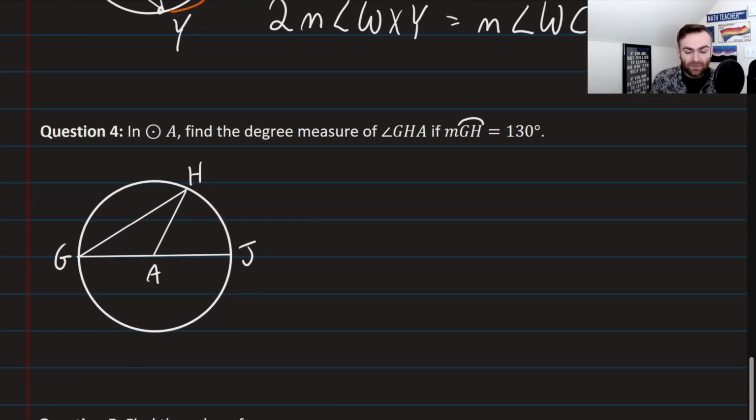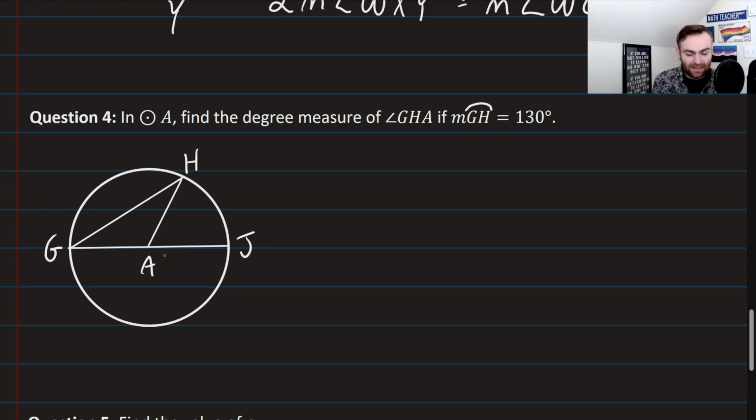So the most common way I see this is a problem that kind of looks like this. They give you a diameter here, and then a chord, and this is the diagram they give. So if we have that the minor arc from G to H is 130, so this arc is 130 degrees, we need to find the measure of GHA.